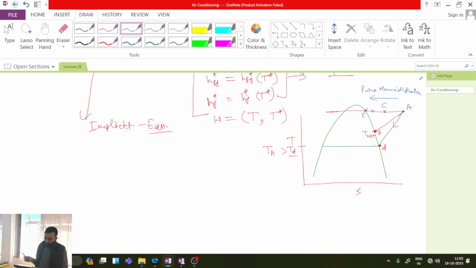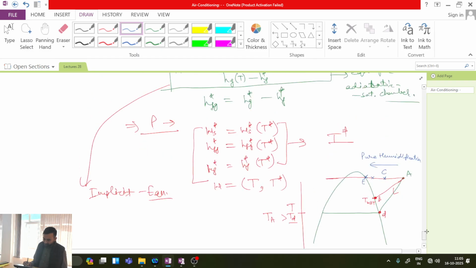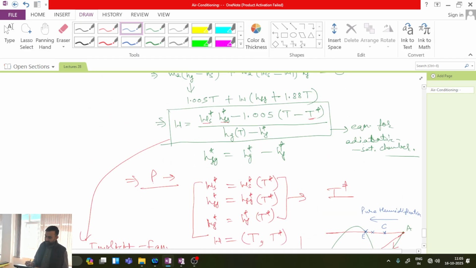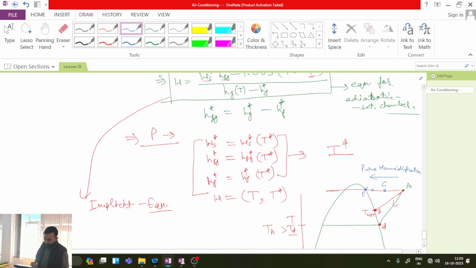Now, whenever we were discussing the adiabatic saturation temperature, we found one equation, which I called the equation for the adiabatic saturation chamber. In this equation we found that our requirement is to calculate T star, and WS star, HFG star and HF star are all nothing but functions of T star itself.